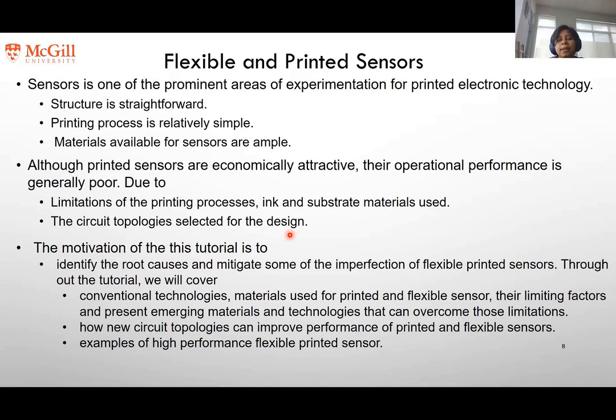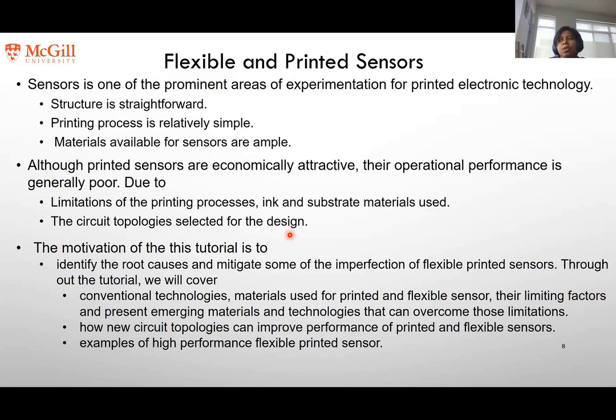And then we'll present some ideas, like some emerging materials, technologies, and other ideas, and how those could be used to overcome the limitations associated with currently available printed and flexible sensors. As I talked about the circuit topologies, I'm also going to show how we can go for new circuit topologies in printed sensors to improve their performance.